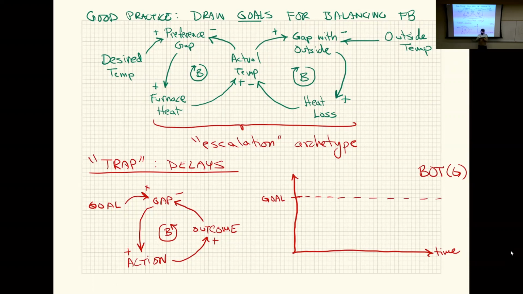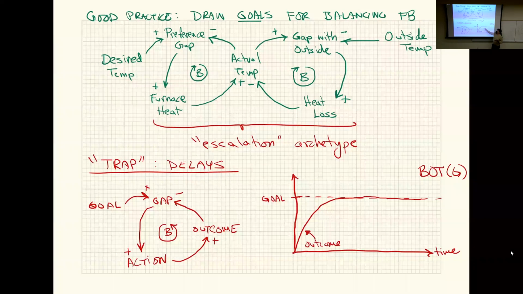But then our actual outcome, our temperature or whatever, ideally, it would do something like this. So this is our ideal outcome, where it starts well under the goal, it rises quickly and it settles down. And at that point, the action goes to zero and we just sit there.